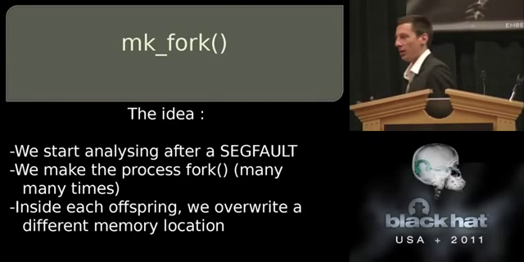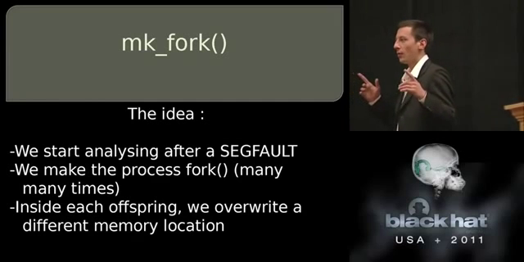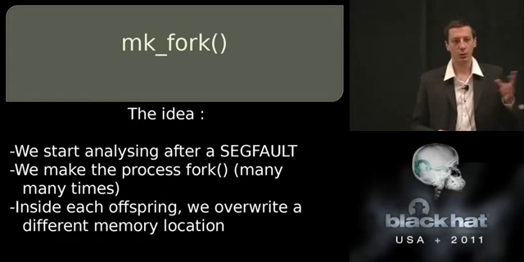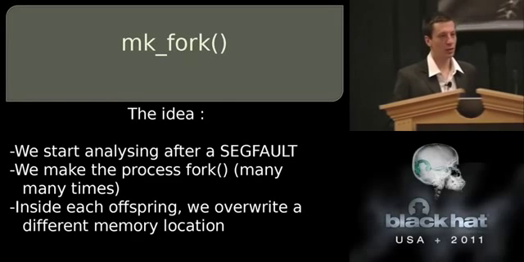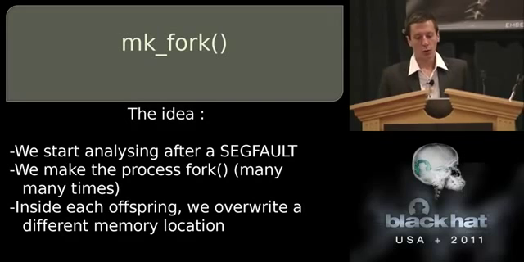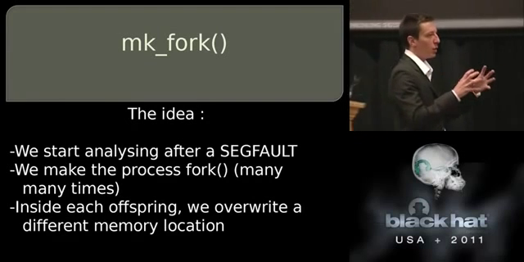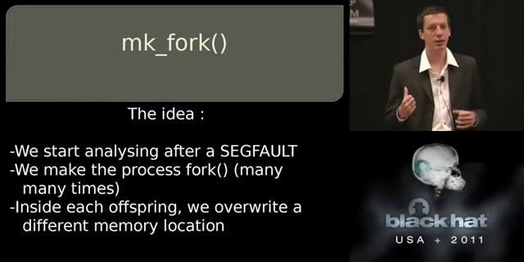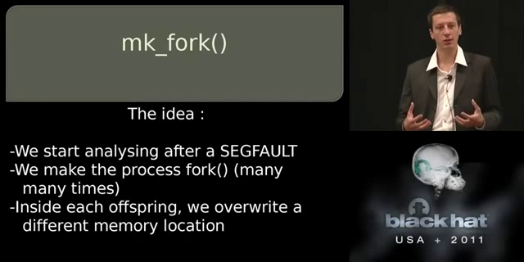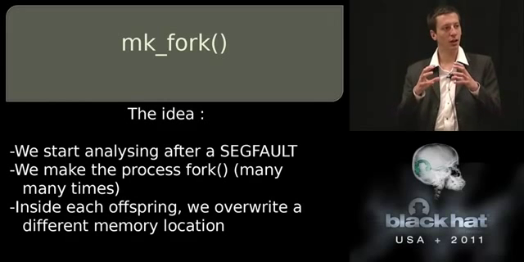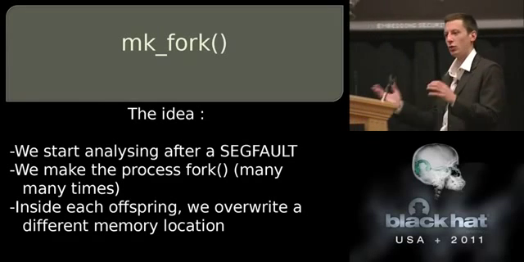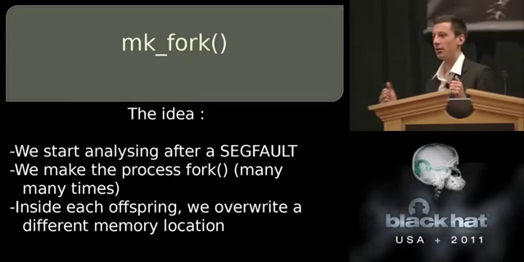So the main idea is basically I have a given mapping, I have tons of writable data in it, and I'd like to test them all. So what we're going to do is take our application at crash time, and this is why it's called post-memory corruption memory analysis, because the analysis actually starts once the process has emitted a segfault, so it's technically dead. First thing, we resurrect it by just clearing the signal, and we pretend nothing happened.